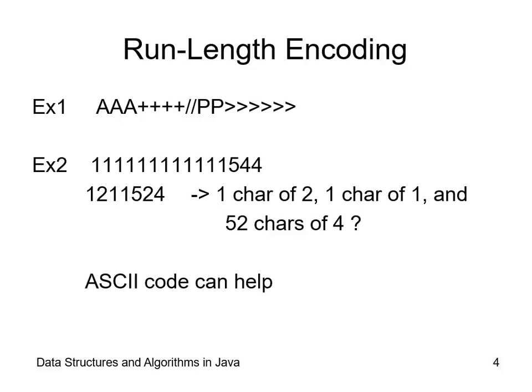Can you use something else? Make your own way of run length to make this one work. How to make this one work? To make sure we understand it, 12, 1, 1, 5, and 2 of 4. Maybe we put a comma here, then we would know what it means. Oh, but still, if you put a comma here, it means 12 of 1 or 1 of 21.